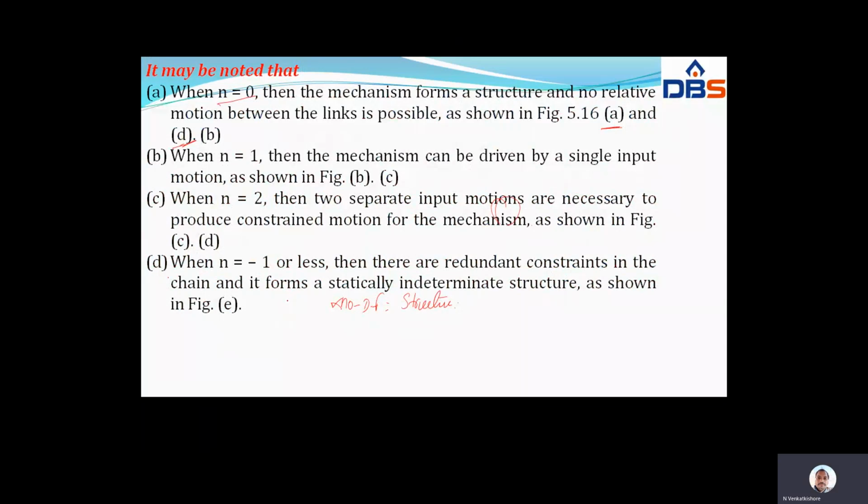N is equals to 1 means one single degree of freedom; one input motion is enough to move the mechanism. And 2 means two separate input motions are necessary to produce the constrained motion of a mechanism. And n is equals to -1 or less than 0 is nothing but a redundant constraint.